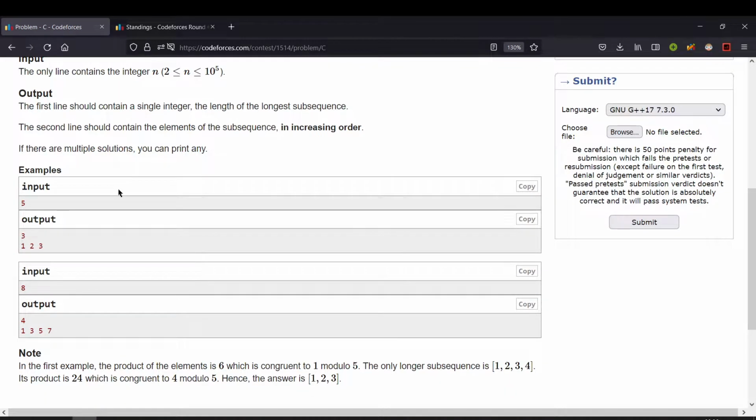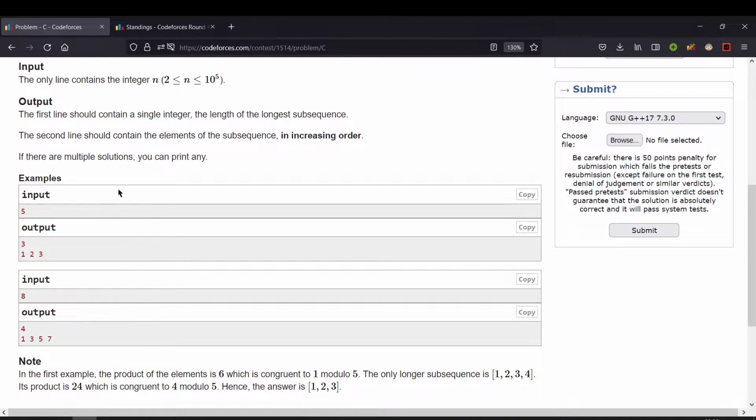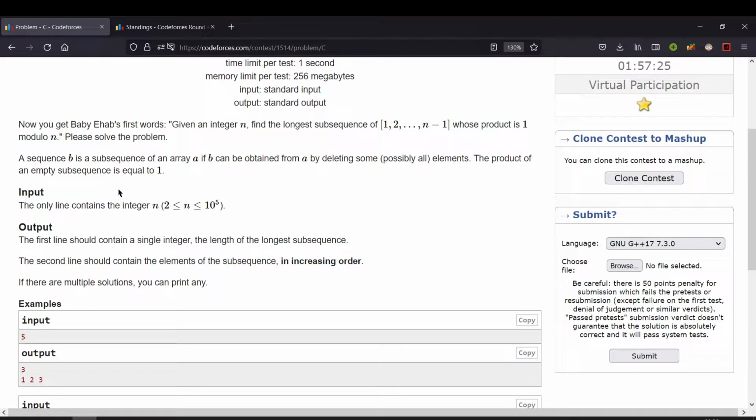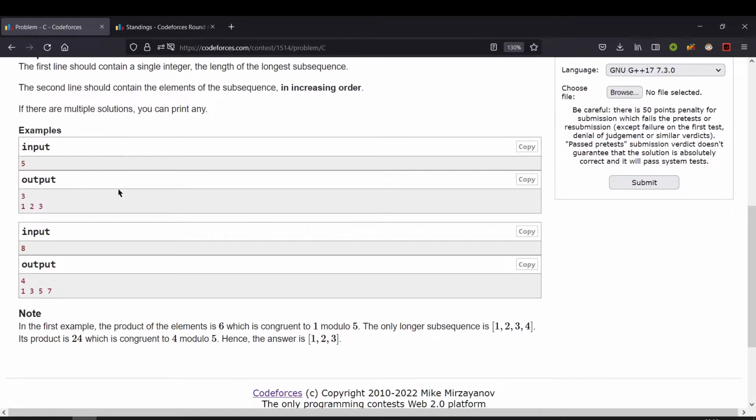1, 2, 3. Because the product of elements modulo n should be equal to 1. The thing is, the modulo should be 1, right? We have to select numbers such that the modulo is 1.